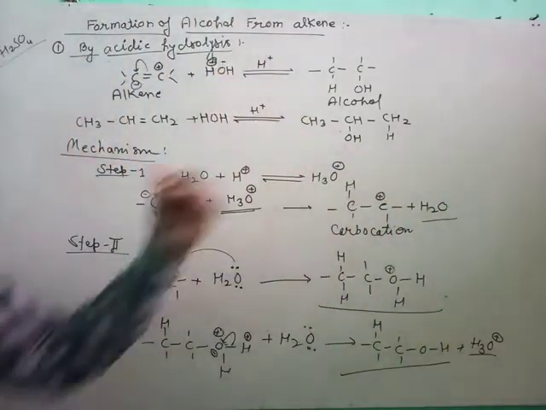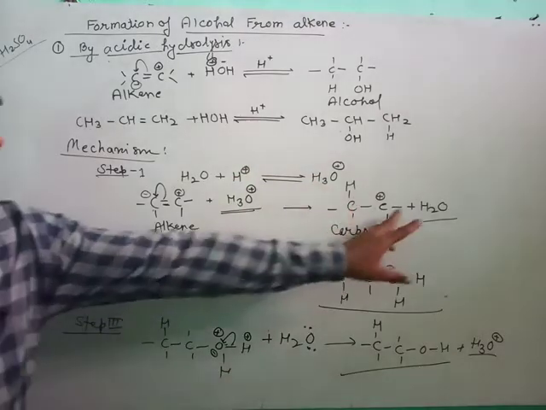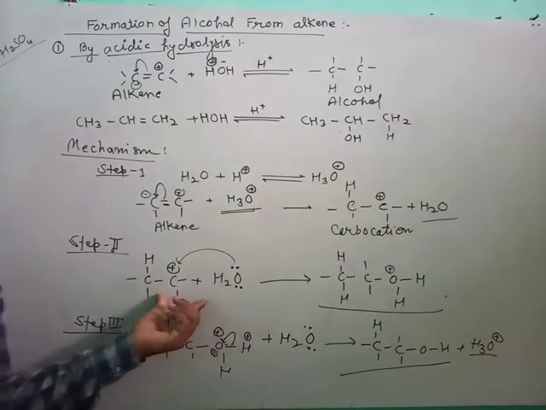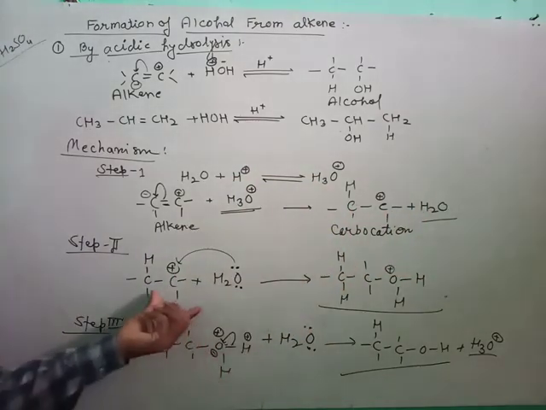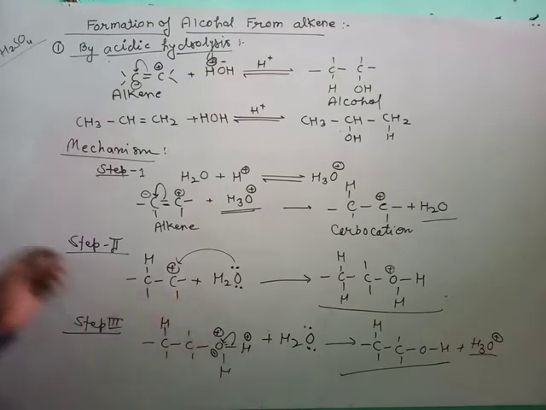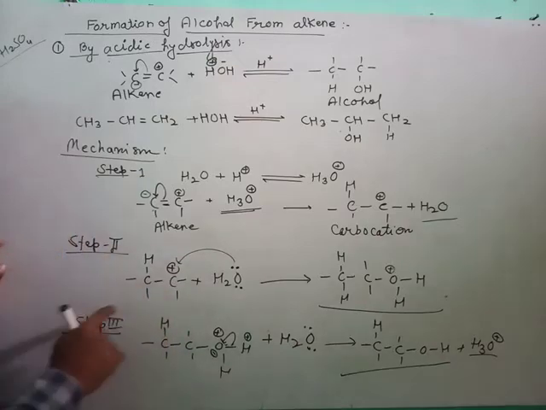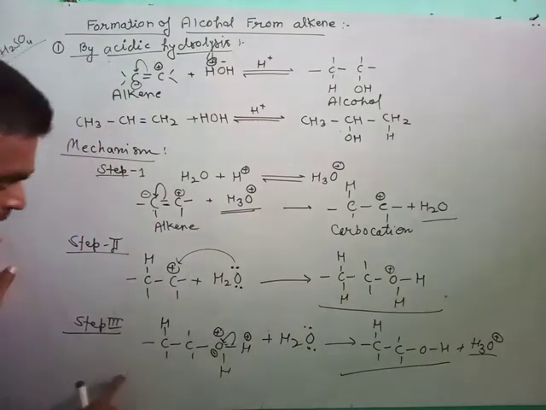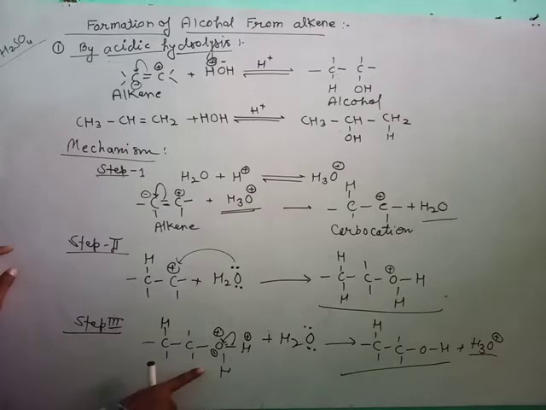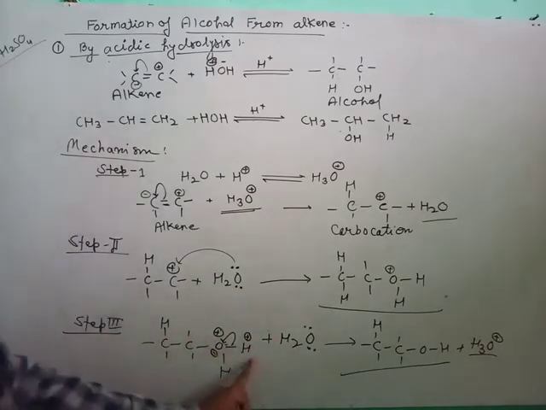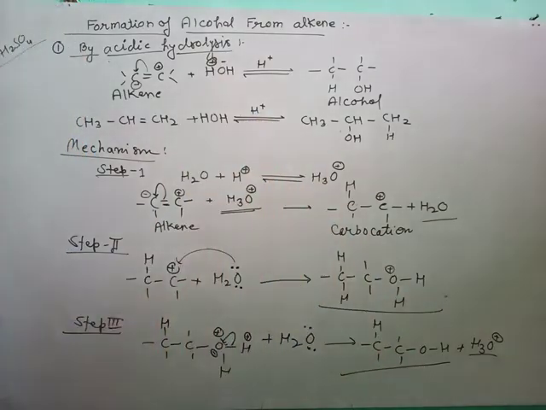In the second step, these two, the ion and the compound, combine together, and here oxygen has a lone pair, so oxygen donates electrons to the carbocation and forms an intermediate. In the last step the intermediate undergoes hydrolysis and removes the H plus ion and forms the final product. So this is the first method for formation of alcohol from alkene.